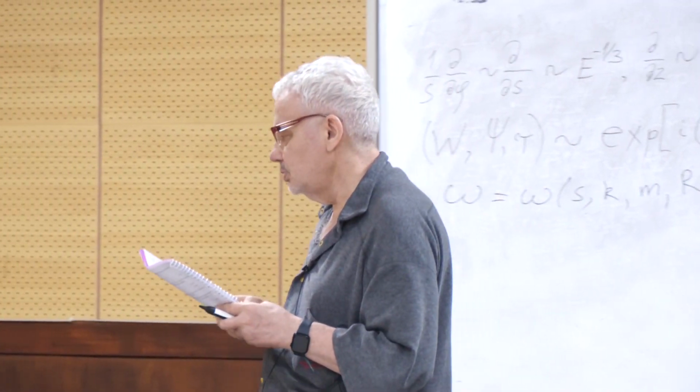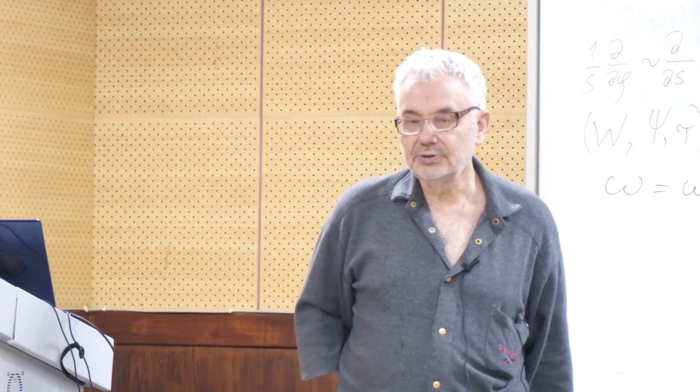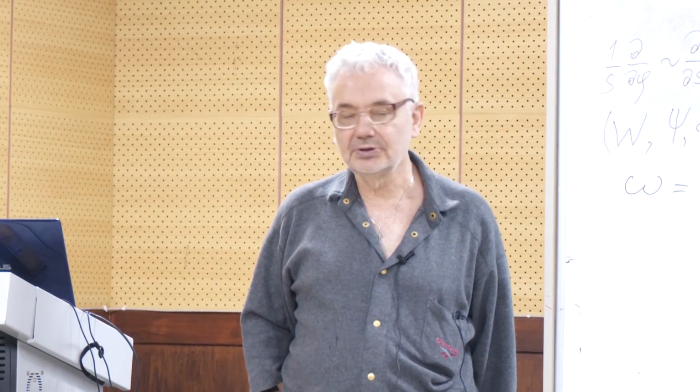So perhaps we finish with this paper, which is named the local asymptotics, and on our next meeting we proceed to the global asymptotic. And now, if you have some questions, please raise them.